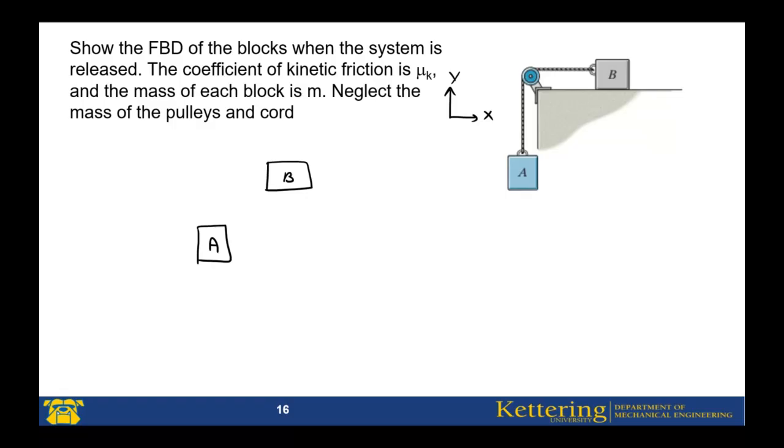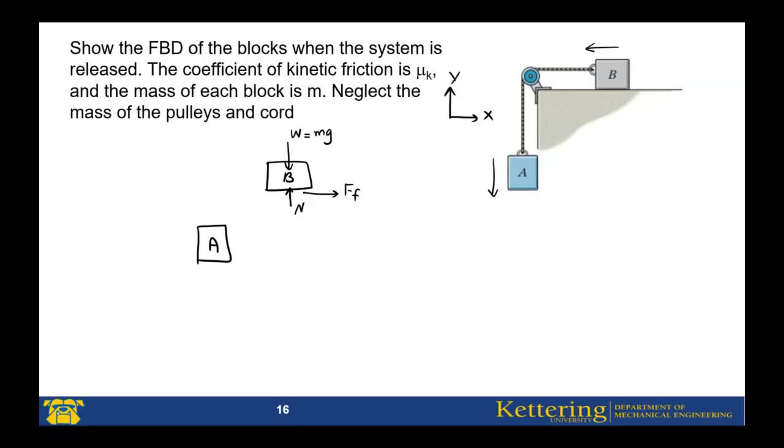This is body B. One force is the normal force. There's another one, the weight, equal to mg. If we consider this one going downward and this one going in this direction, there is a frictional force in this direction.